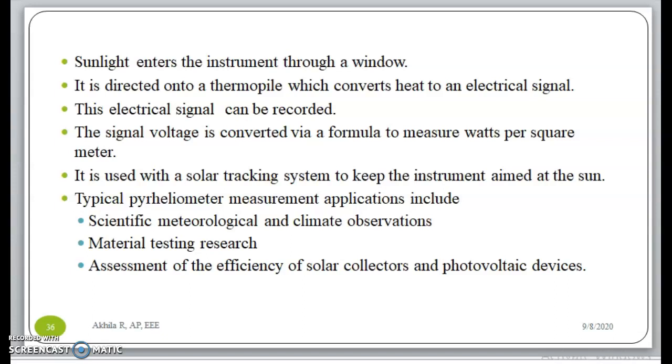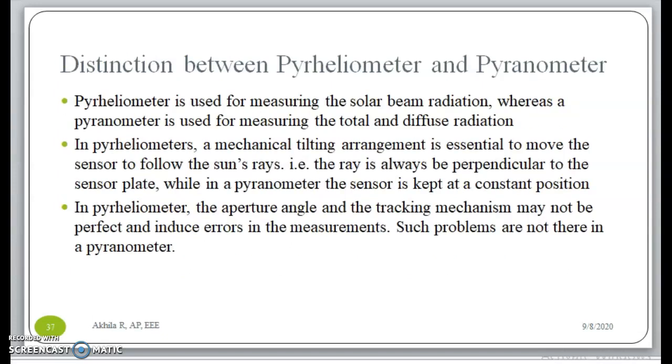It is used with a solar tracking system to keep the instrument aimed at the sun. Typical pyrheliometer applications include scientific meteorological and climatic observations, material testing research, and assessment of the efficiency of solar collectors and photovoltaic devices.